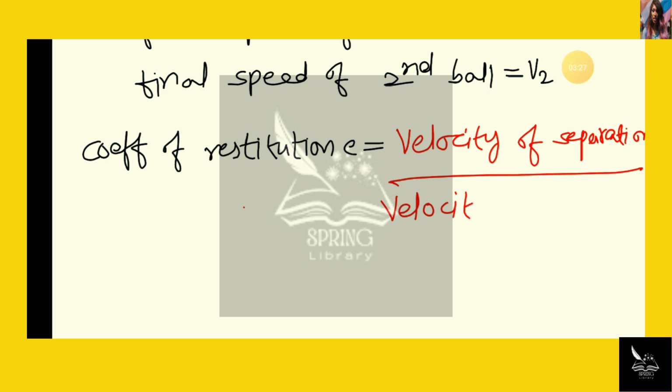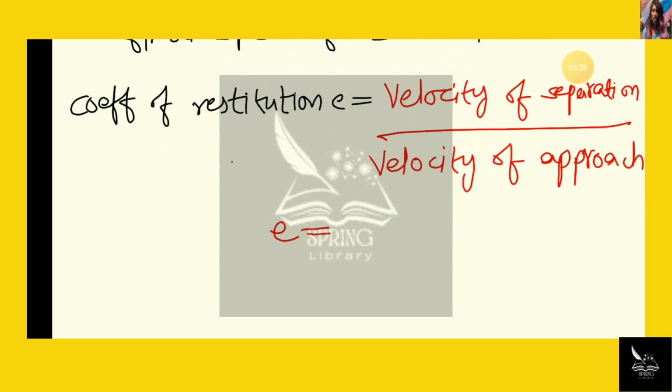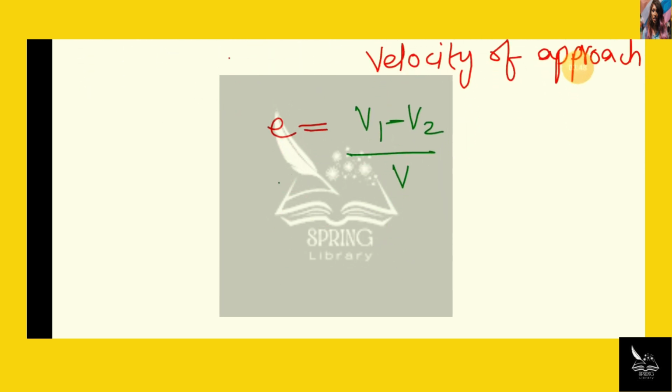So using this formula, coefficient of restitution e will be equal to v1 minus v2 divided by v. So now simplify it, then I will get the equation v1 minus v2 is equal to ev. So this is equation number 1.